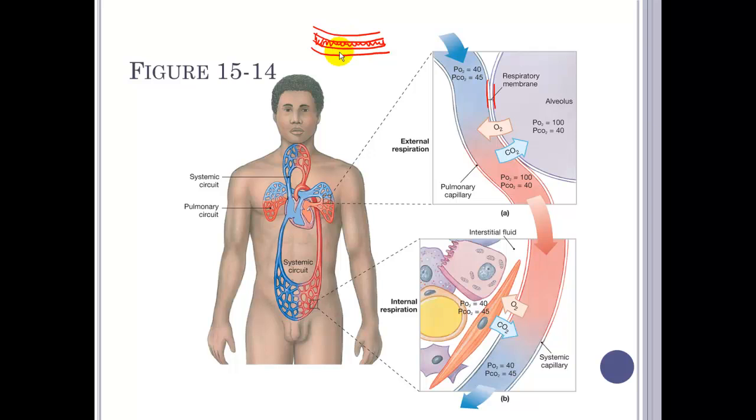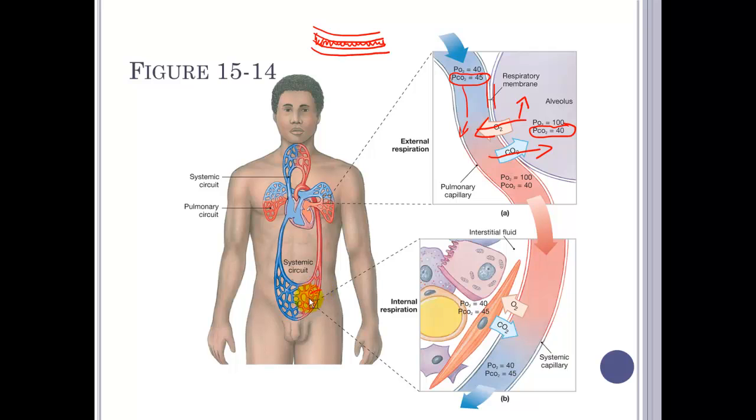So we're only talking 2 or 3 cell layers thick. Air comes in, and the amount of oxygen in the alveolar sac is higher than what is returning in the vessels, which is lower. So oxygen goes from a higher concentration to a lower concentration. The CO2 that's returning is higher than the CO2 here. So again, we go from a higher concentration to a lower concentration. And that's how gas exchange actually occurs.